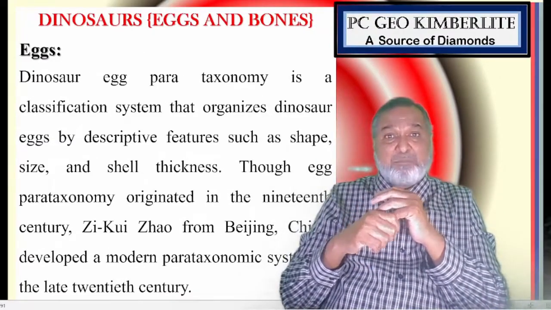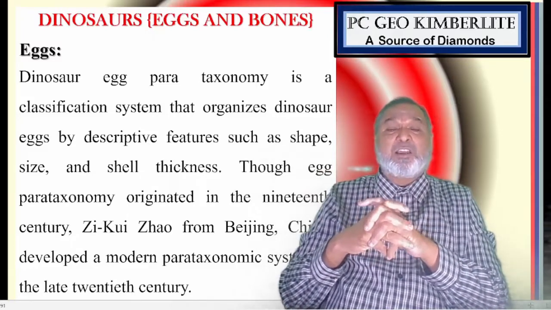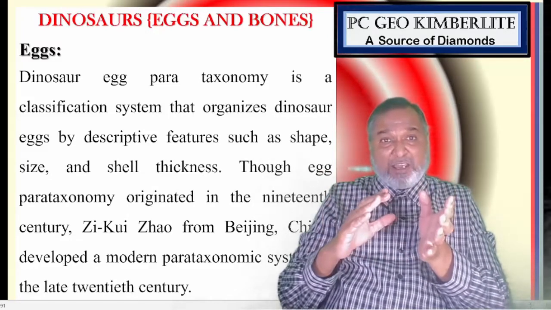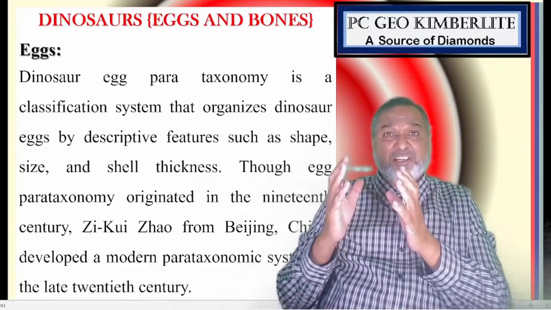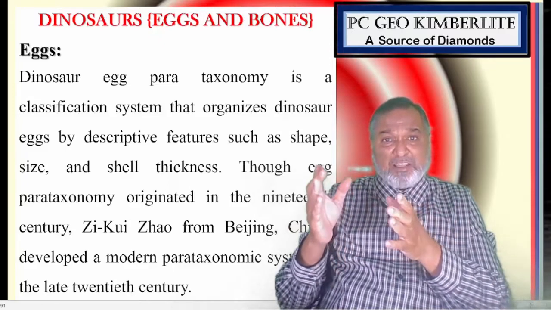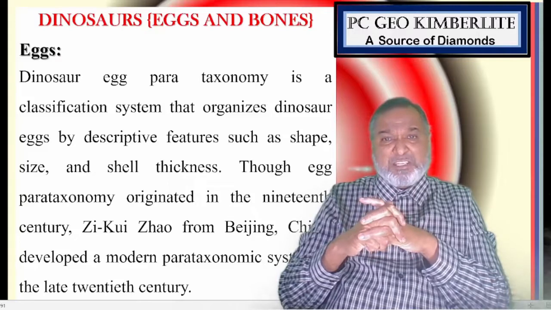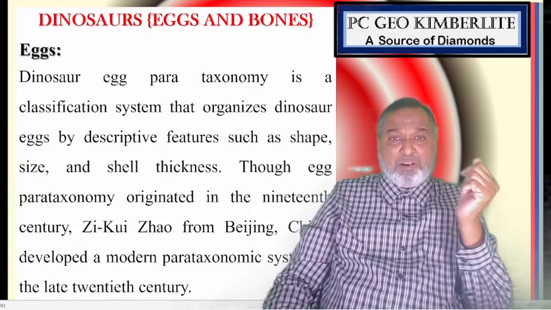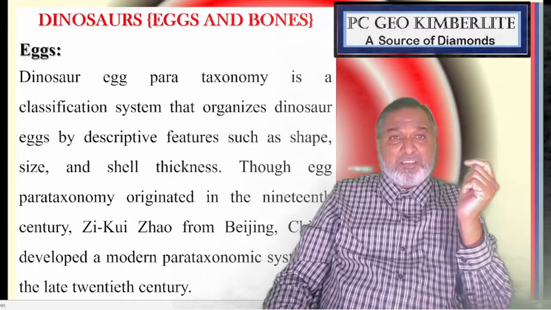Dinosaur eggs now. Dinosaur egg parataxonomy is a classification system that organizes dinosaur eggs by descriptive features such as shape, size and shell thickness. Though egg parataxonomy originated in the 19th century, Zhao Zikui from Beijing, China, developed a modern parataxonomic system in the late 20th century.